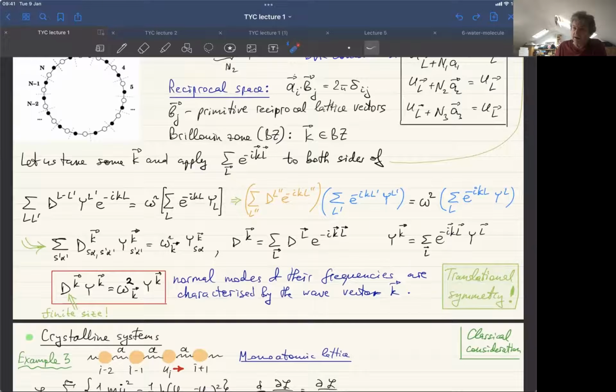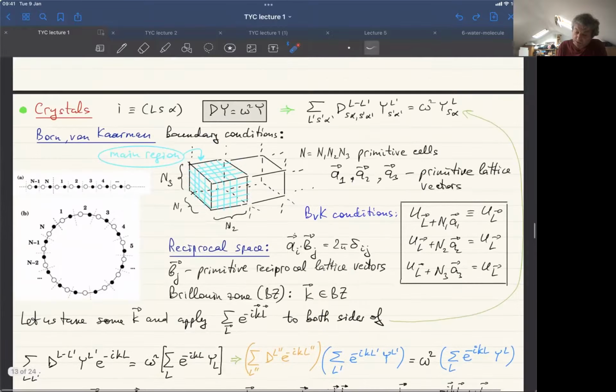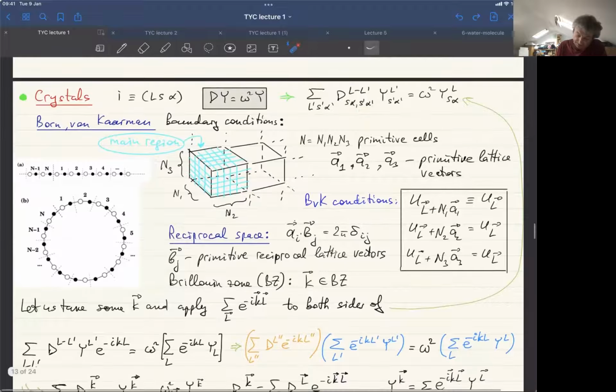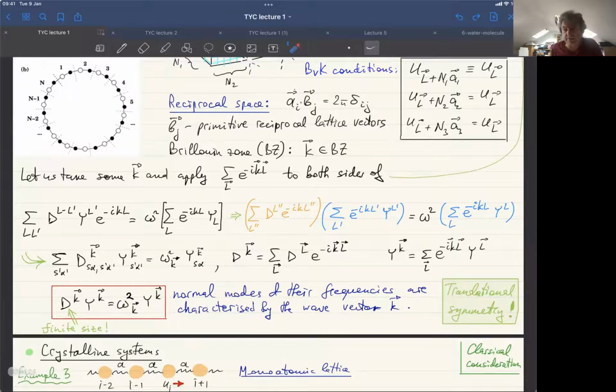multiplied by this plane wave kind of phase factor. And of course, when I calculate this sum, the obtained matrix would not contain the L index anymore. It would only contain the indices S and alpha. So this matrix D_k is a finite matrix, and the size of that matrix is equal to the number of degrees of freedom we have in a single unit cell: the number of S indices times 3 because of the alpha indices.